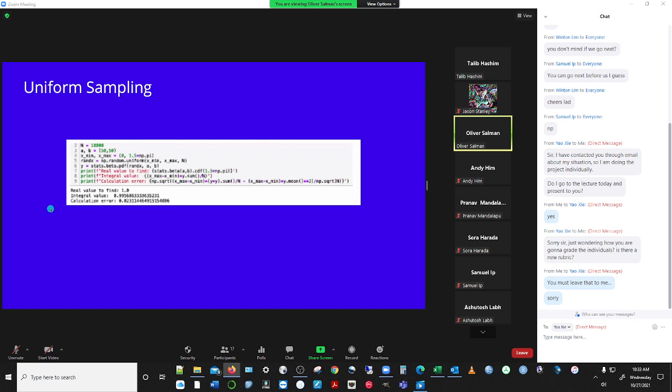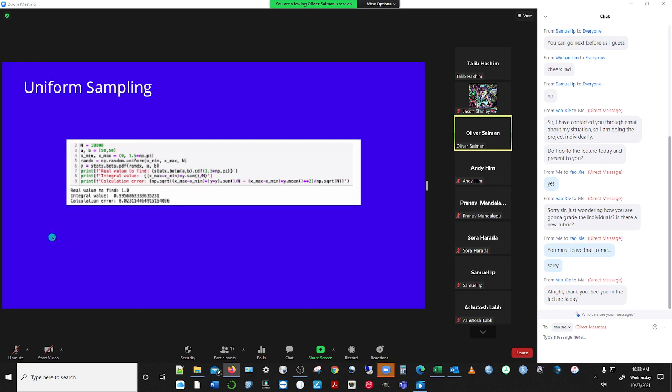We provided n being 10,000 function evaluations, and the area of interest being between 0 and 1.5 pi, as said before. We find our integral value being 0.995, with the real value of the function being 1. And finding the calculation error mentioned previously, we get 0.02 thereabouts.